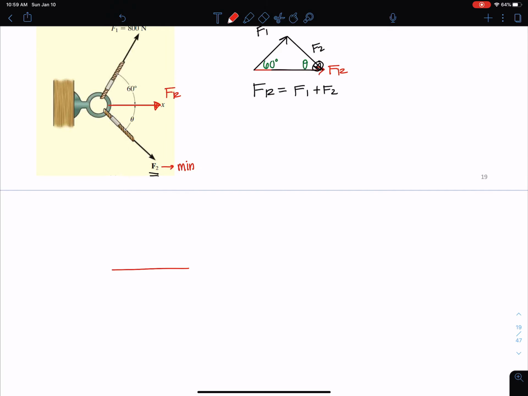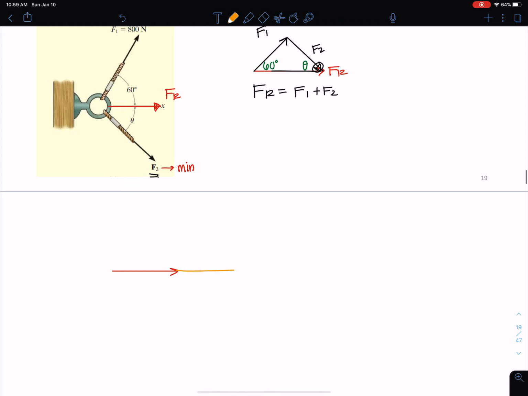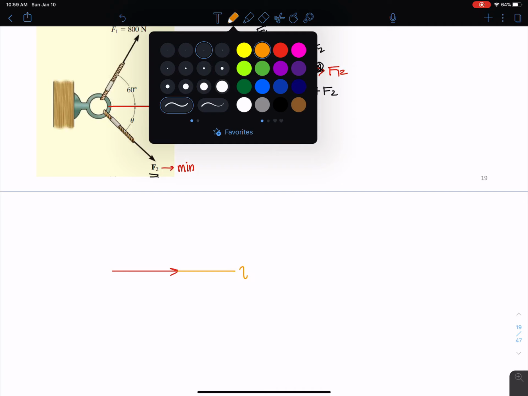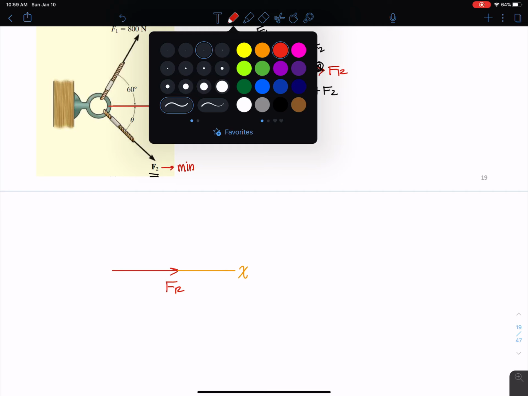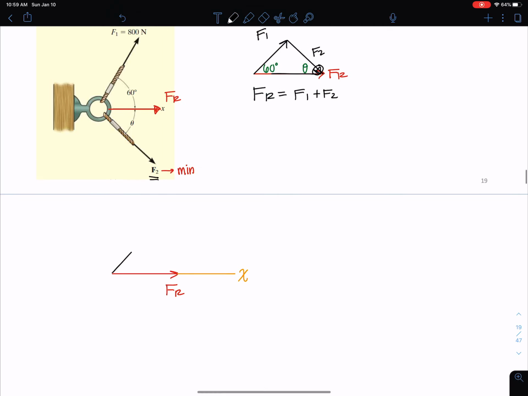So if this is my FR here, let's say this is the x-axis. I know that FR has to be on the positive x-axis, as such. I know F1, so I'm going to pull back and just draw what I know for a second.